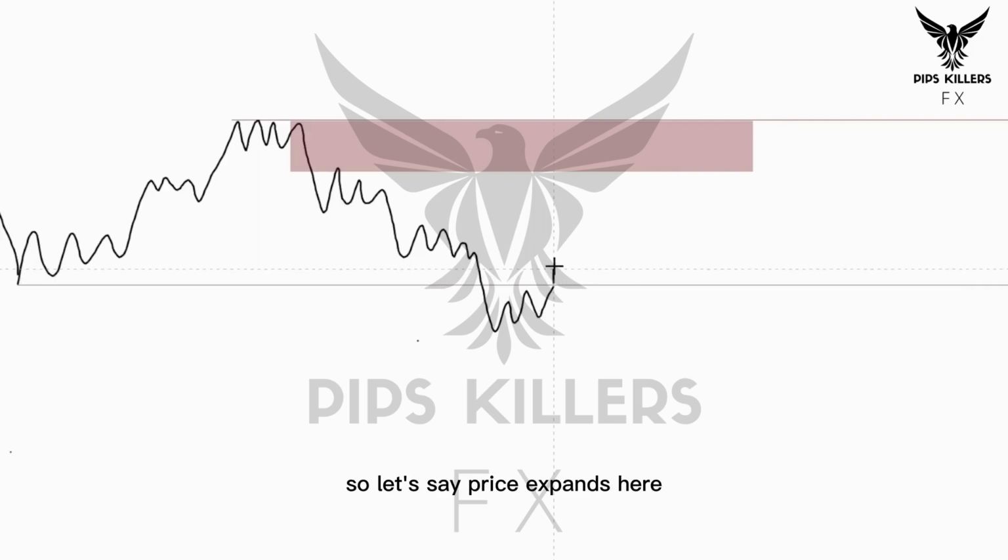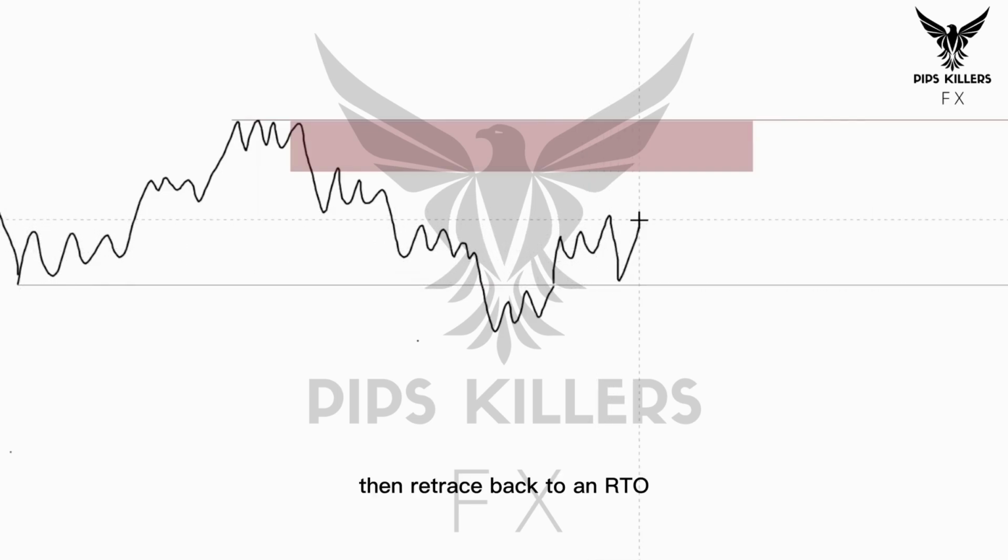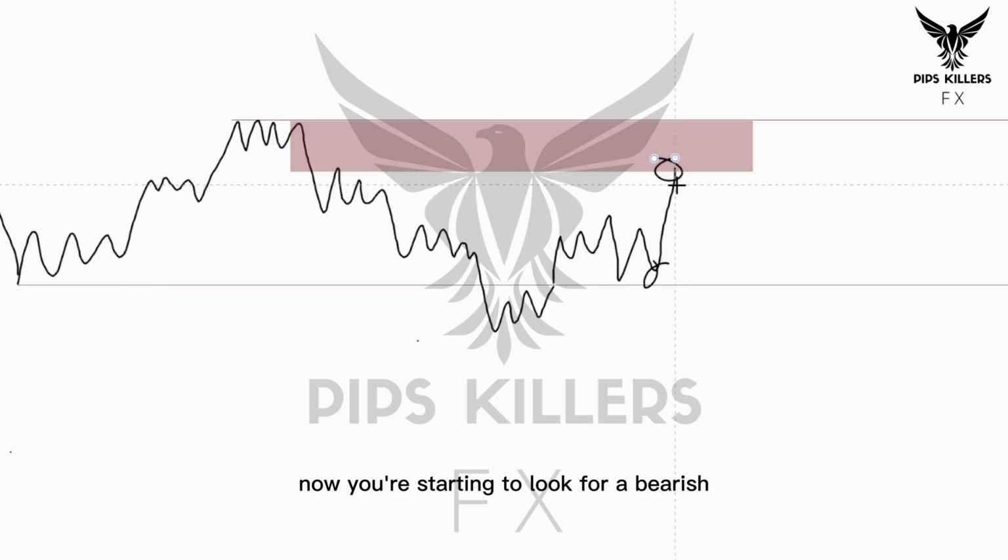So let's say price expands here, then gives you a climax, test, comes up, purges, and retraces back to an RTO, then expands. This would be your entry. And you're holding the trade until here. Once price gets to here, now you're starting to look for a bearish Wyckoff schematic.